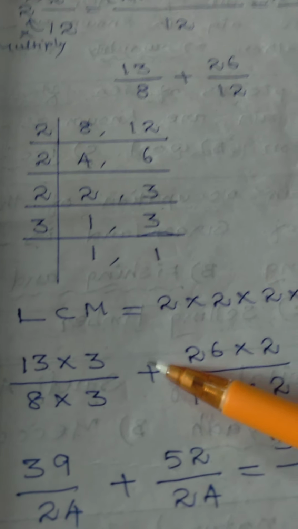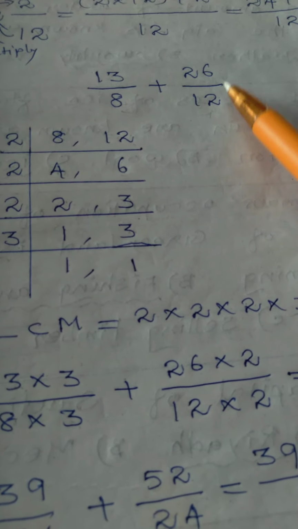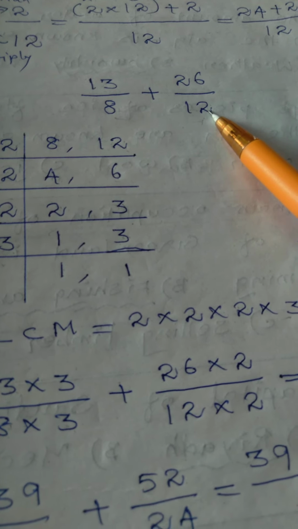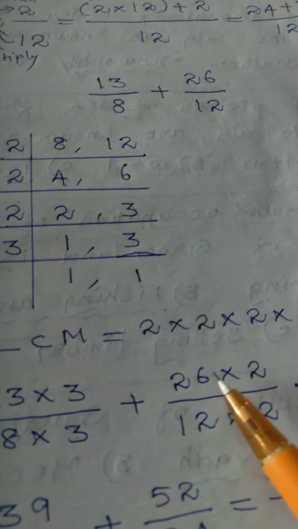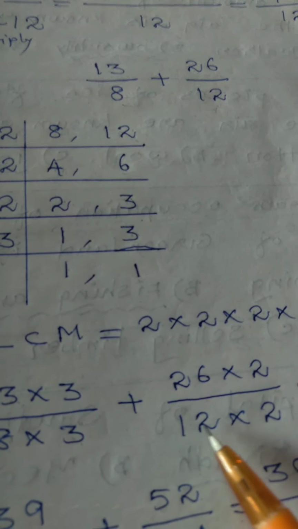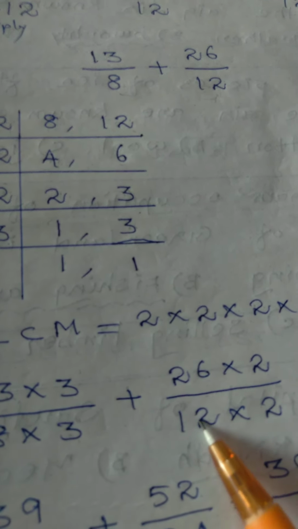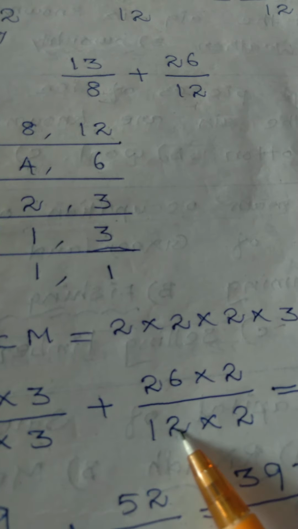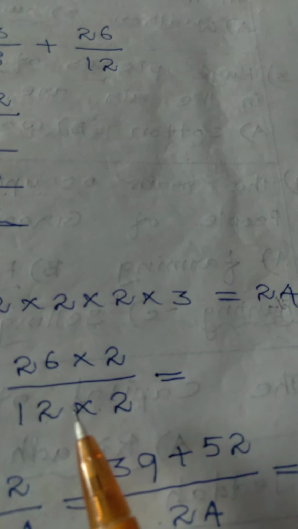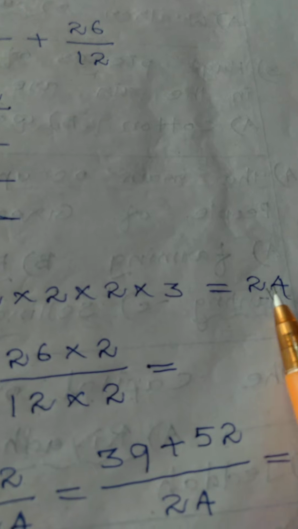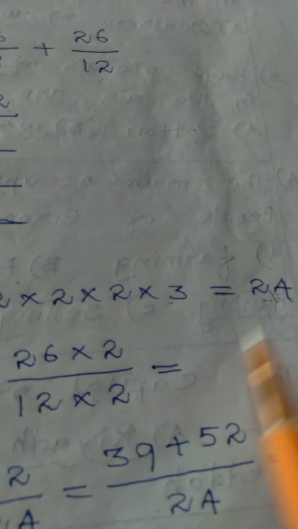Plus, the next fraction, 26 by 12. In this fraction, 12 is the denominator. How many times is this denominator in the LCM 24? 12 into what is 24? 12 into 2 is equal to 24, that is 12 2s are 24.